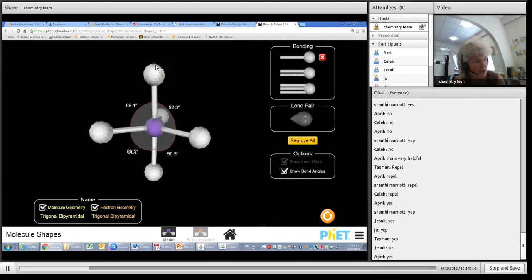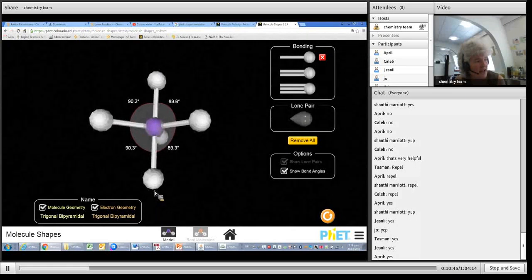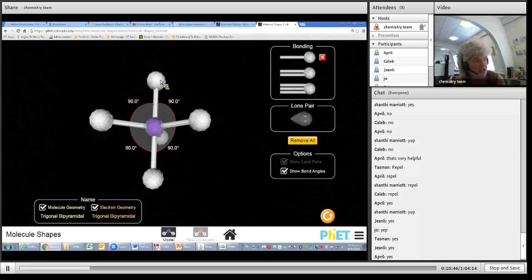Try and bring it up. Okay. So that's my axial plane, and it's 180 degrees from one side to the other, but otherwise 90 degrees between bonds. So 90 degrees from this one to that bond, 90 degrees from that one to this one.